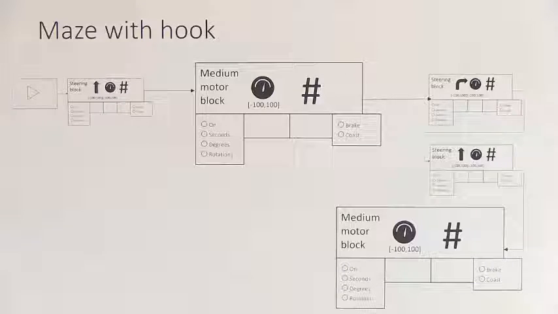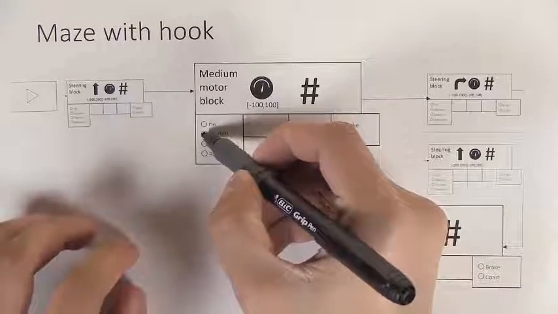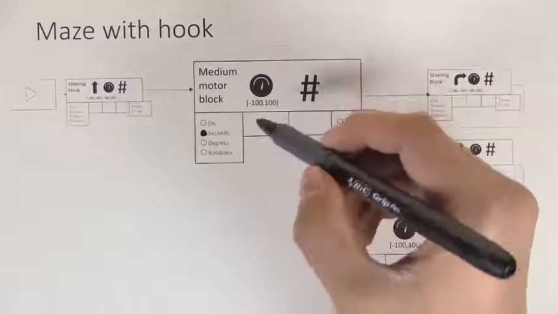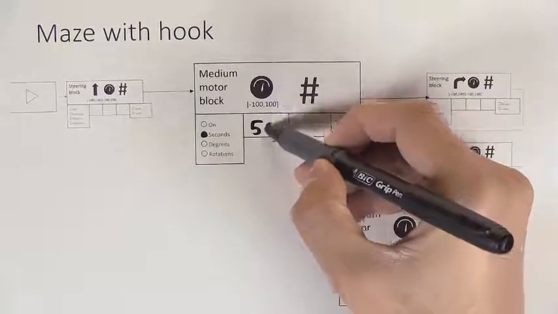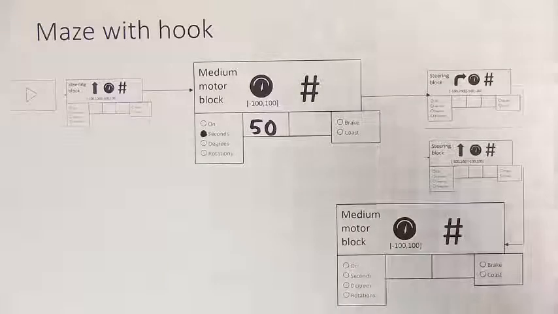So in order for us to change the amount of time we would like the medium motor to move, we once again will choose seconds as our units. We will change our power to be 50. I chose 50 because once again I think that when we make rotations, making low power rotations is good because it allows for more accuracy.